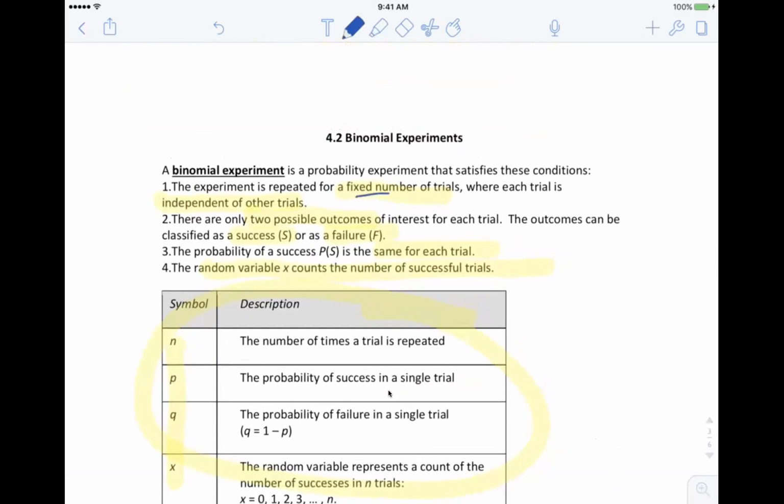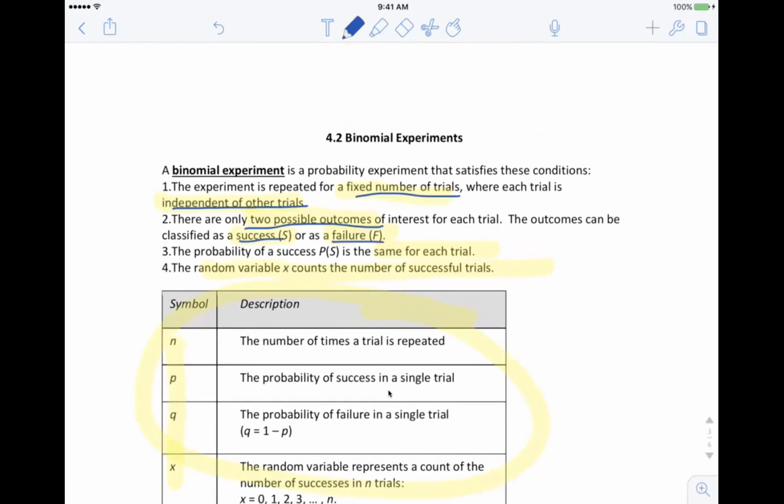Now look back at my conditions. Fixed number of trials, check. Independent, yeah, each question is going to be independent of the next. There's no relationship among the questions. There's only 2 possible outcomes. That's true because either you get the question right or you get the question wrong. Those are the only 2 outcomes we're concerned with. So we have a success, right, failure, wrong.